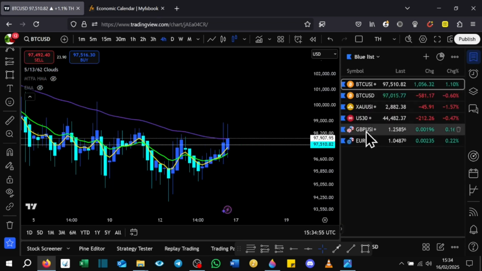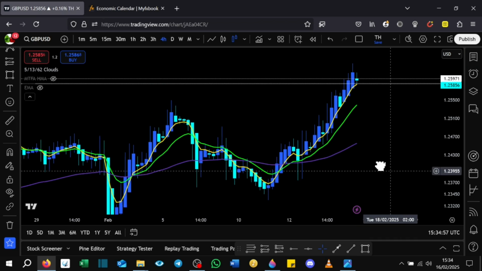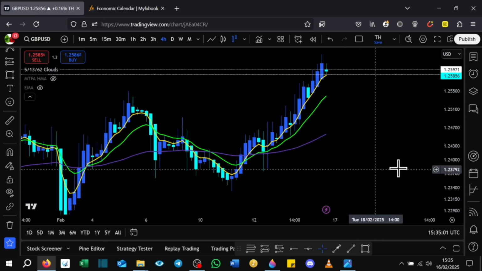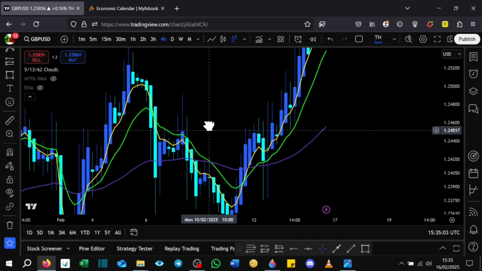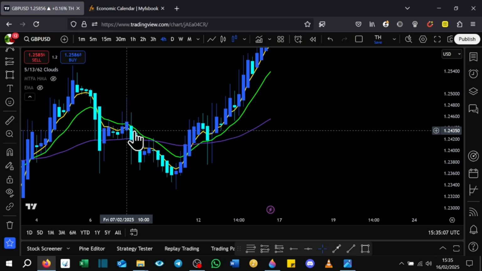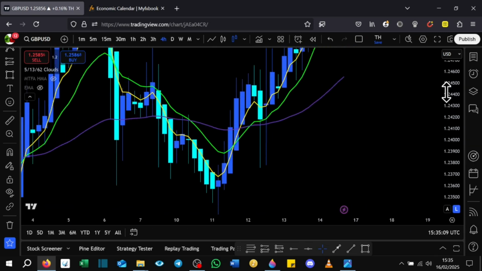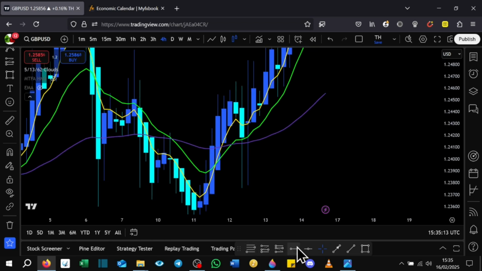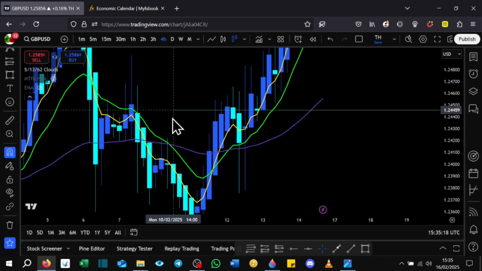Now, GBP USD, I was actively looking at this trade because I did place a short position on this institutional candle here. So, where is it?